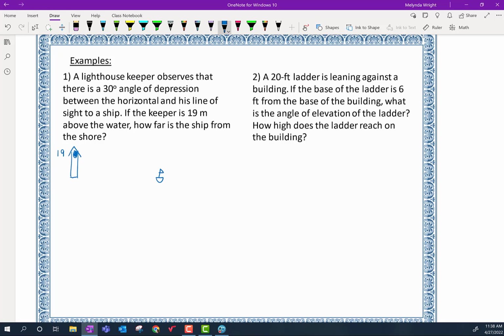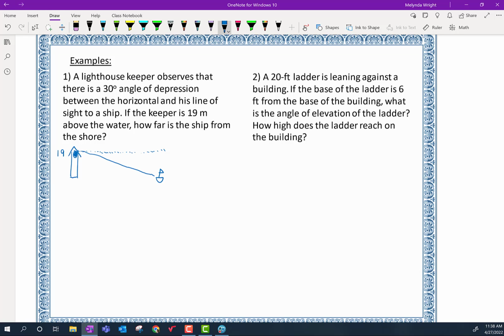Okay, that's a great looking ship. It says he observes a 30-degree angle of depression between the horizontal and his line of sight. So the horizontal is where we look straight across. That's the horizontal. And then we draw, he's looking, so there's the ship.